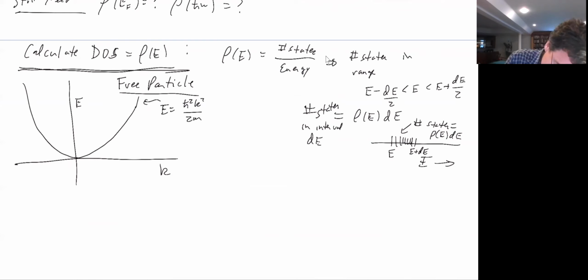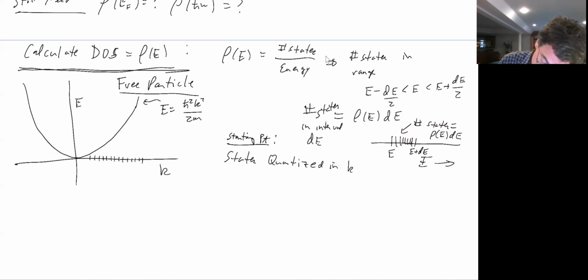The idea is that we know the states are quantized in k. And why are the states quantized in k? That's the starting point: to recognize that states are quantized in k. That's always the starting point.